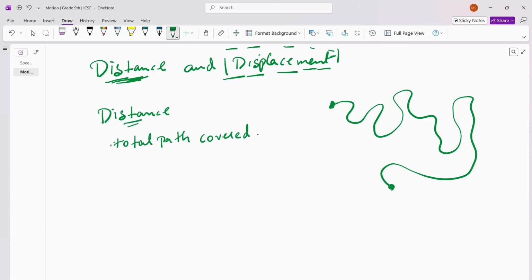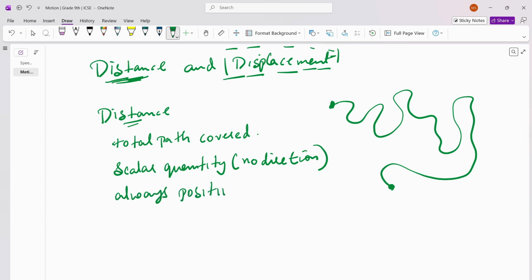Okay, and the measured length is called distance. Okay, and it has two properties, which are it is a scalar quantity. A scalar quantity is a quantity which has no direction. And it is always positive.